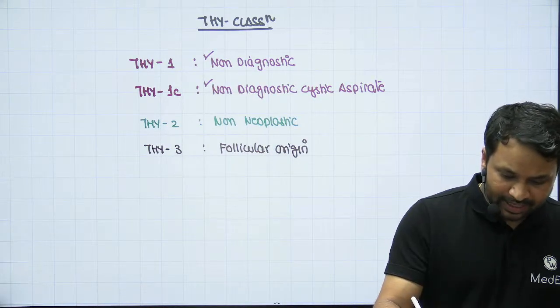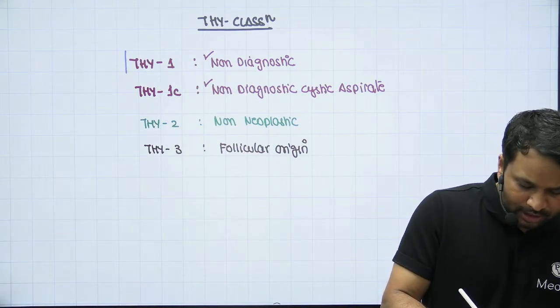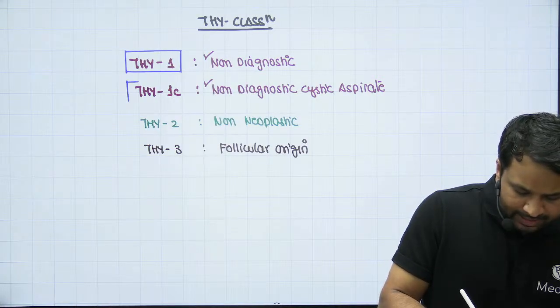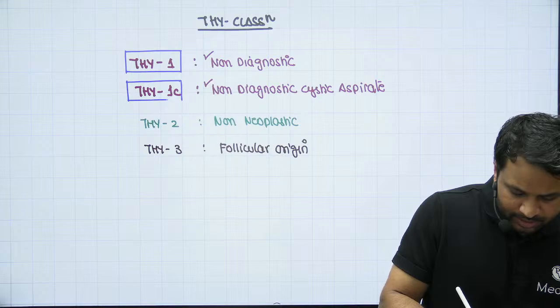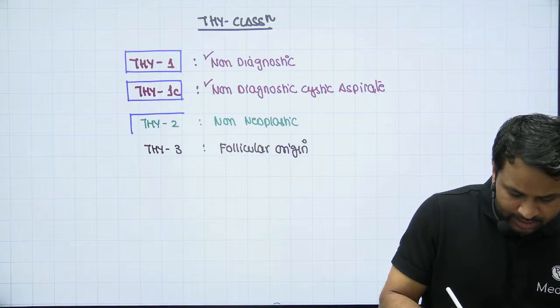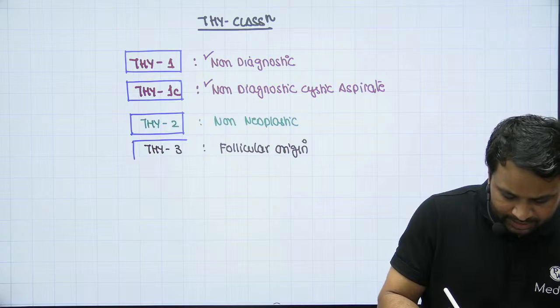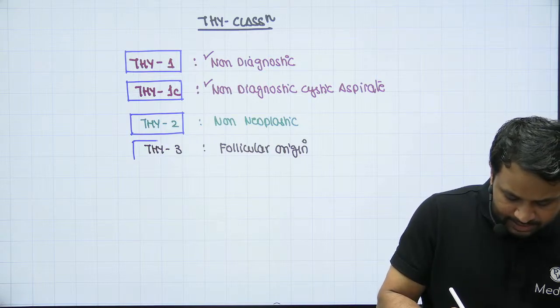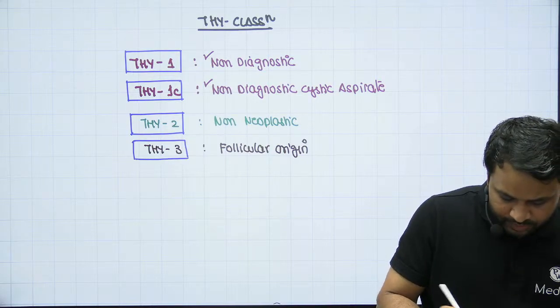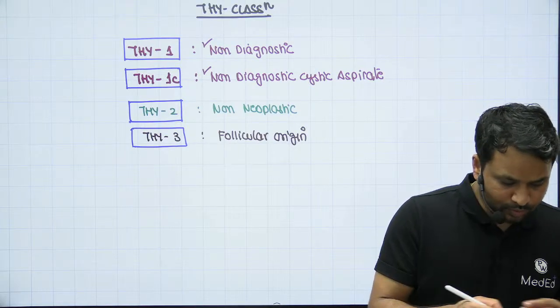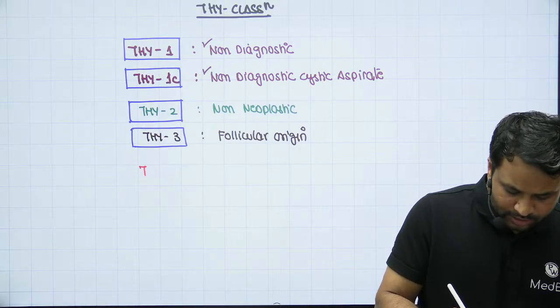So we have the Thy 1 category, which says non-diagnostic aspirate. Thy 1C, which says non-diagnostic cystic aspirate. Then you have the Thy 2 category, which says it is a non-neoplastic swelling only. Then you have the Thy 3 category, which says it is follicular origin. Then you have another category, the Thy 4, which is dangerous.